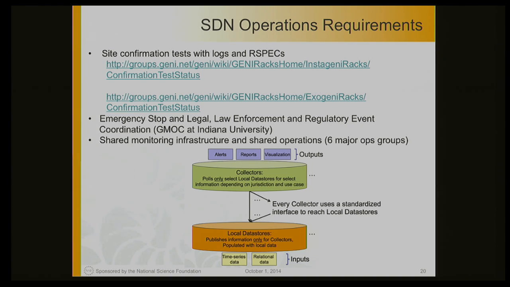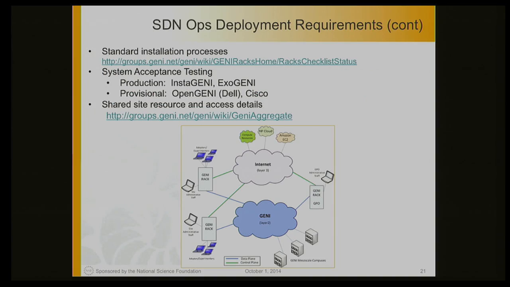So this is a little picture of an architecture that we're trying out in GENI. We have a standardized process for deploying and testing SDN nodes in GENI, and I put some links into those if people are interested in coming up to speed and participating.